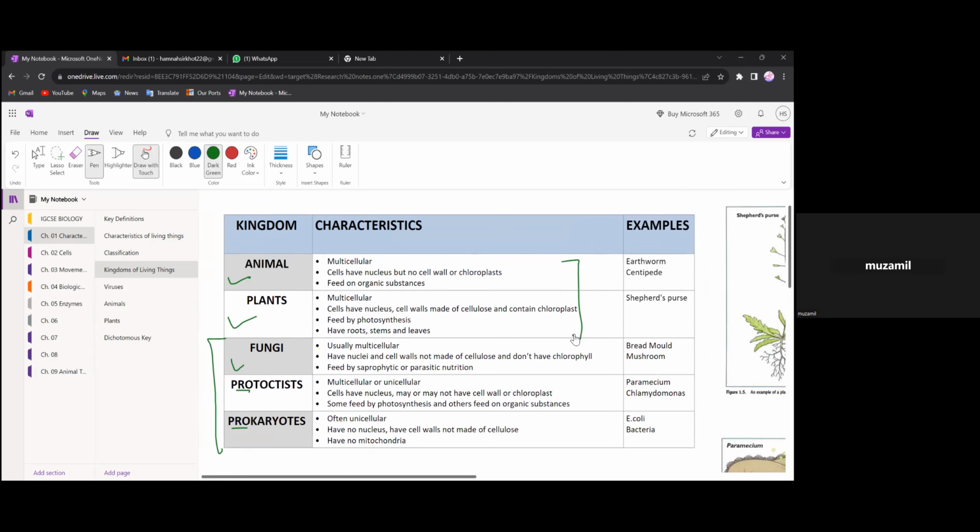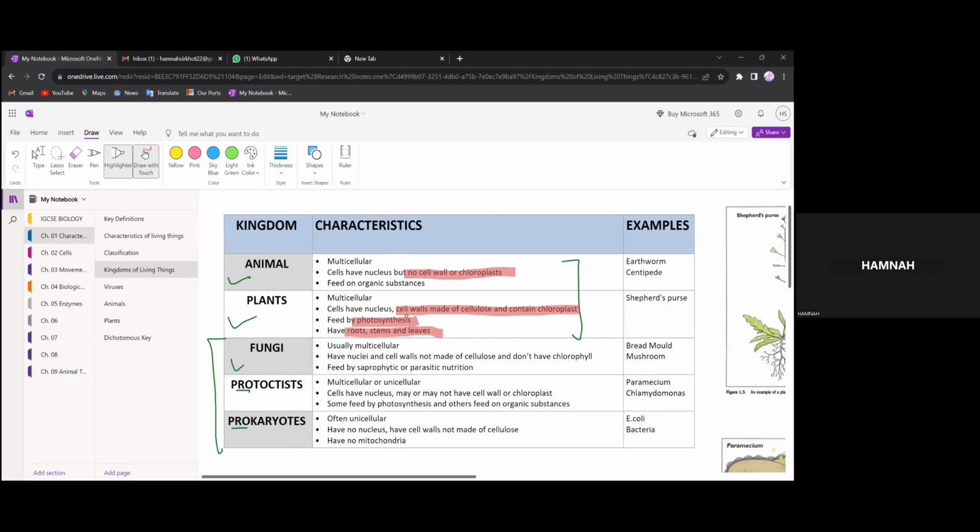Animals are multicellular, and their cells have a nucleus but no cell wall or chloroplasts. Plants are also multicellular, and the cells have a nucleus, cell walls made of cellulose, and they contain chloroplasts. So the difference is that animals have no cell wall and plants have cell walls.